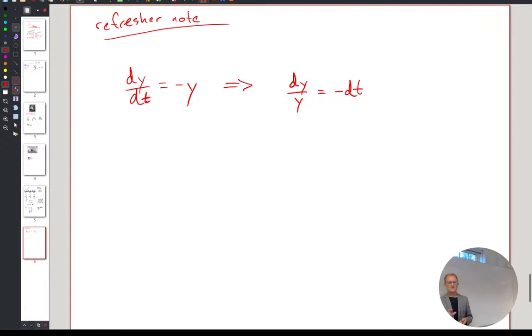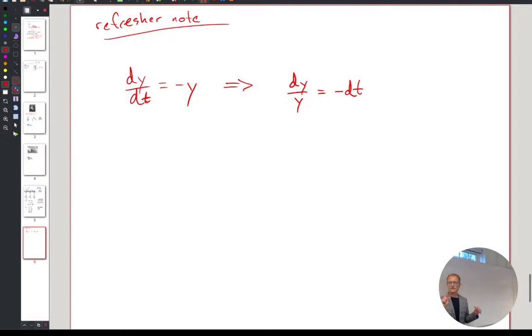Can I do this? dy over y is negative dt. Yeah? I didn't do anything weird, right? It might seem weird, but all those dt's and dy's are just algebra.